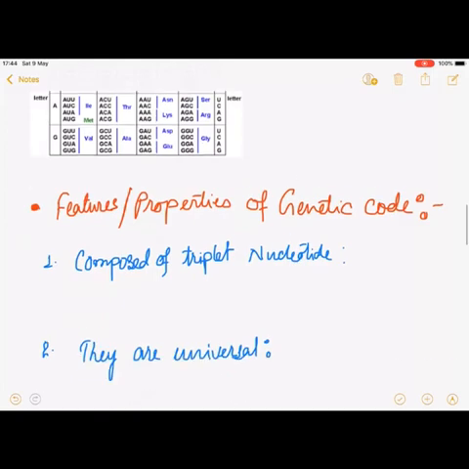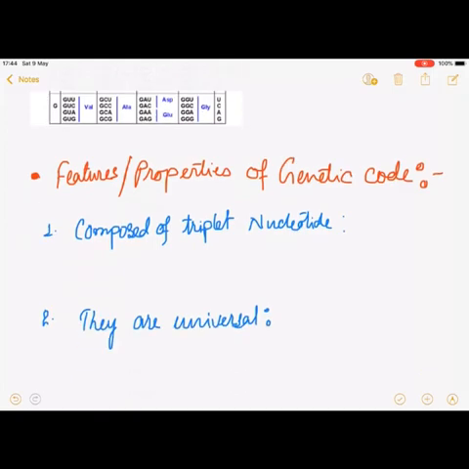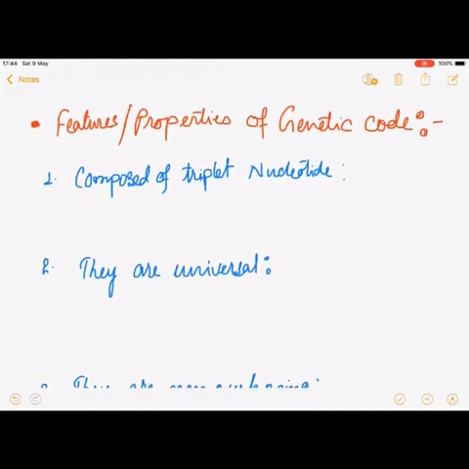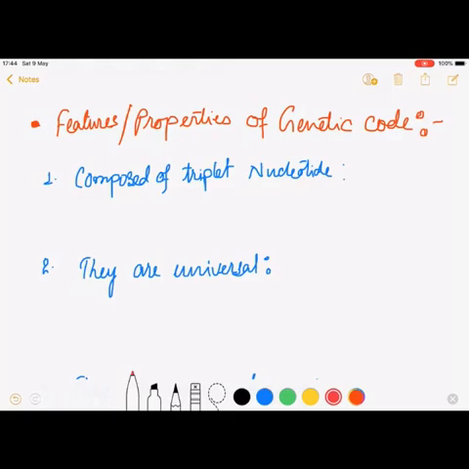Okay, moving to the later part, let us discuss the properties of the genetic code, and this is what the question is generally asked about. Number one property of the genetic code is that they are composed of triplet nucleotides. So we all know they are always triplet, three nucleotides form a codon, not 2, not 1, only 3 nucleotides are required.